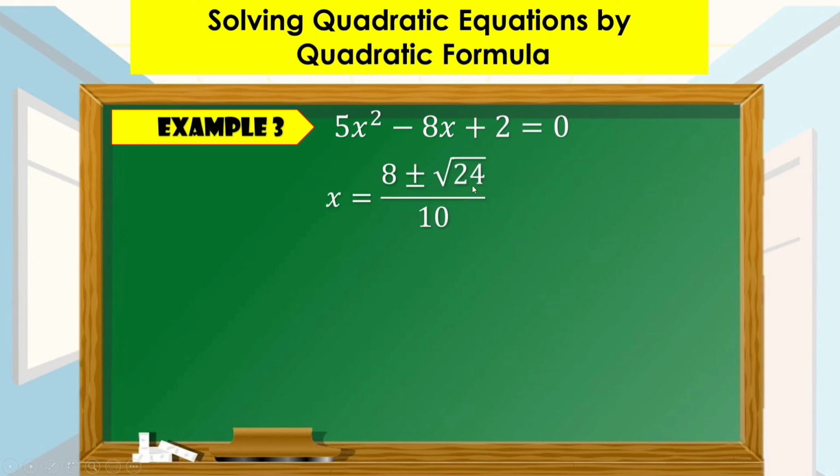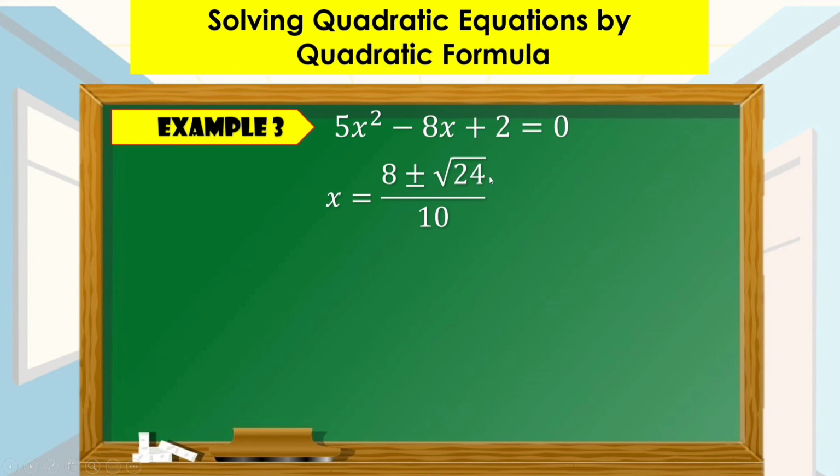24 is not a perfect square number, but when we get the factors of 24, we can simplify it further. Iisip kayo ng dalawang number na kapag tinimes po natin ang sagot ay 24. Make sure that one of the numbers is a perfect square number. Dapat po yung isa sa mga number na yon ay perfect square.